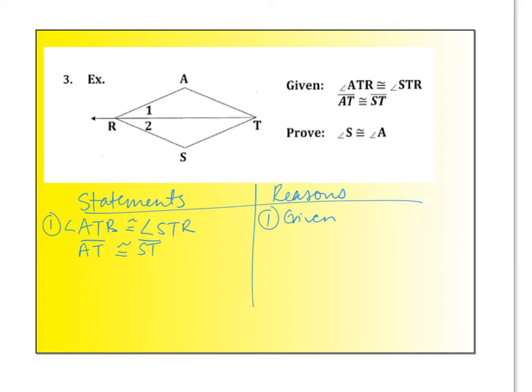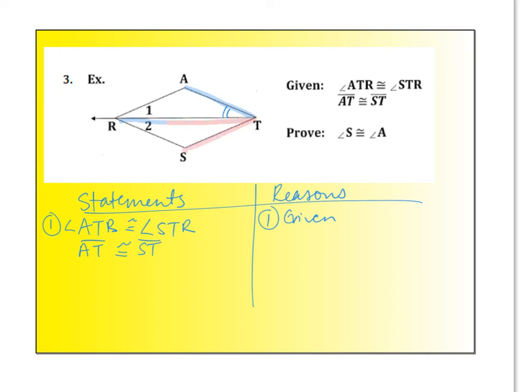Remember, every single proof you're going to start with the given information. So I just copied it exactly down as it was written at the top of the screen. Now I'm going to go back and look at the information and try to figure out what it's saying. Angle ATR, that's this angle over here, if I trace from A to T to R, is congruent to angle STR.